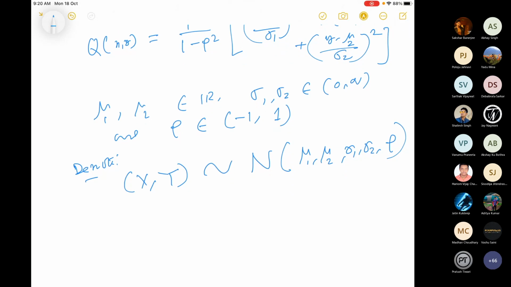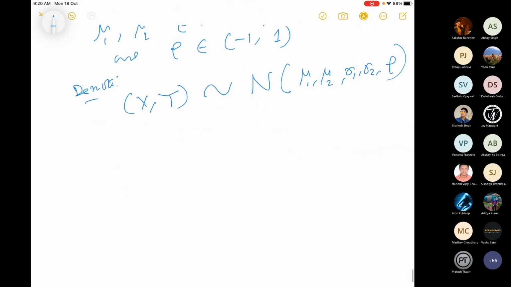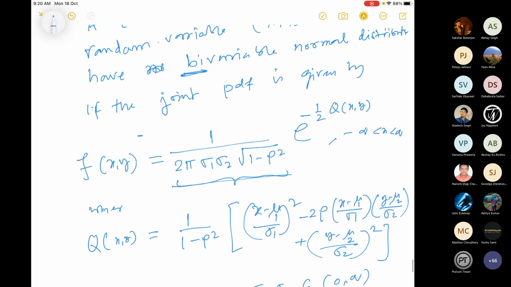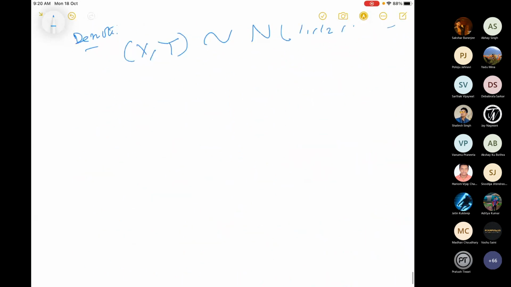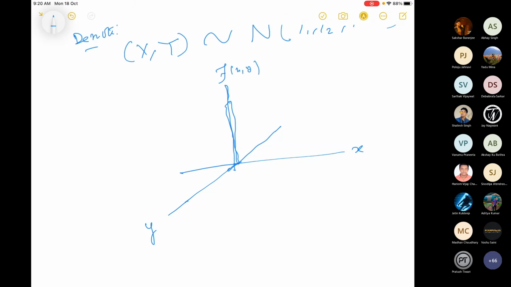If you want to plot this, because x and y both extend to minus infinity, you have this kind of situation. This is x, this is y, this is 0, and both extend to minus infinity as well. Then there is the z-axis, which is a function of x, y. How does it look depending on mu1 and mu2?